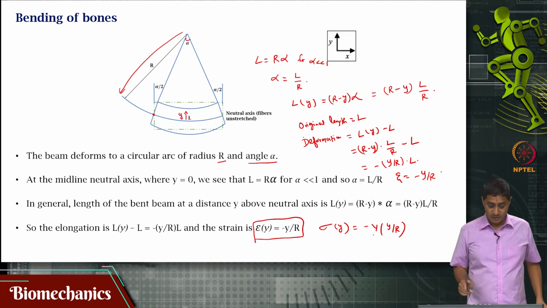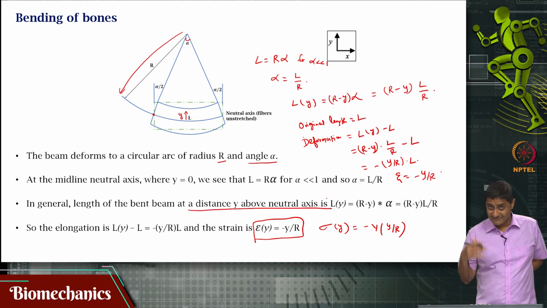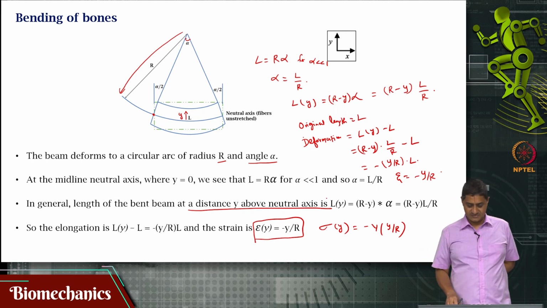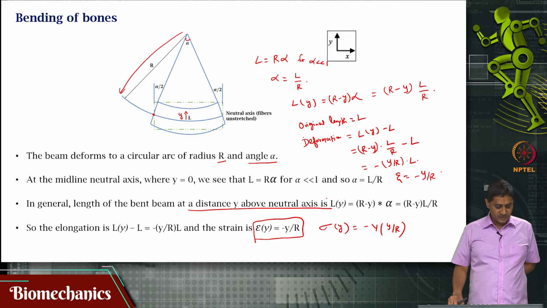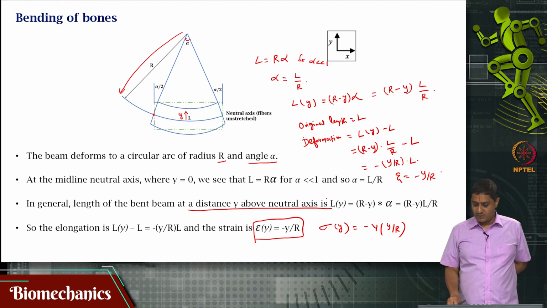What is small y? Small y is the distance above the neutral axis, the point of interest that I am discussing. Sigma of y is capital Y times small y by r.